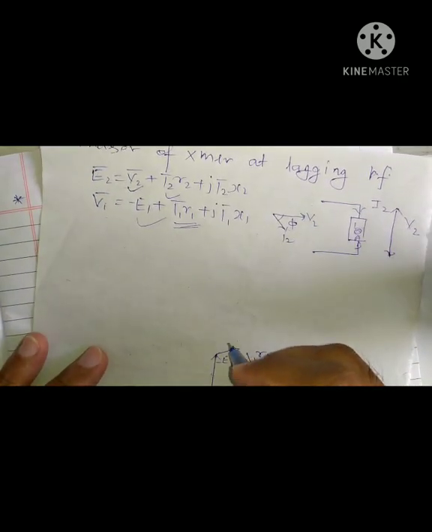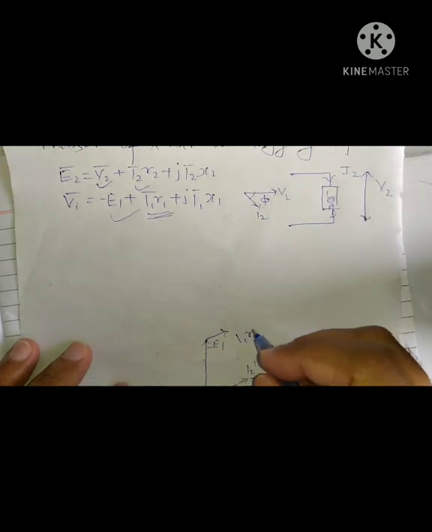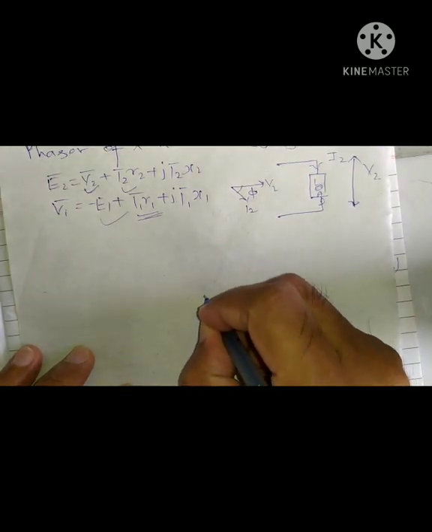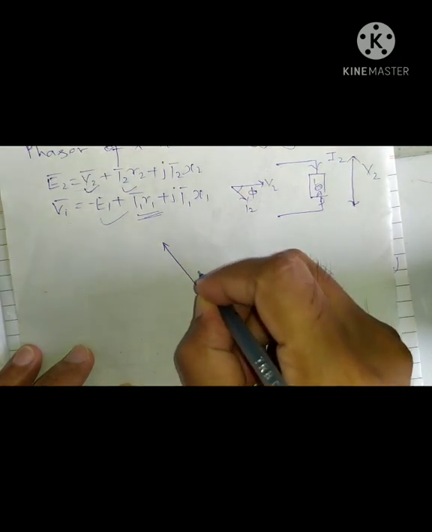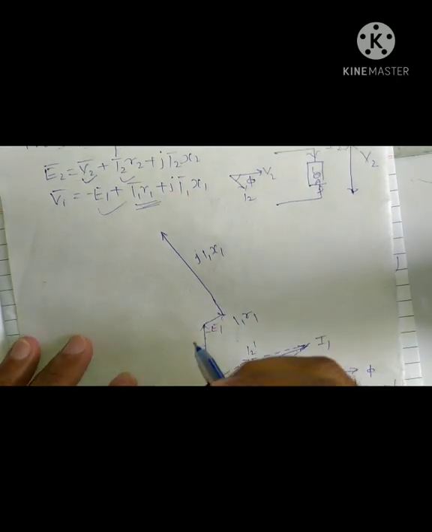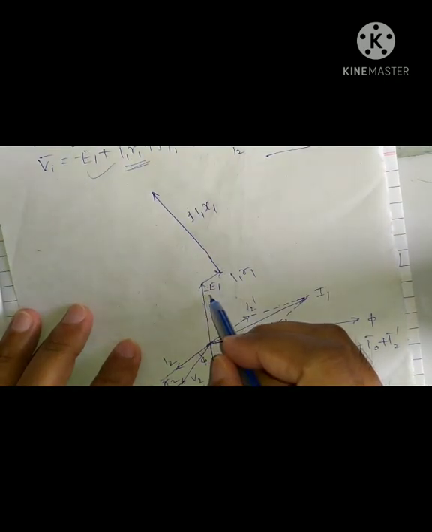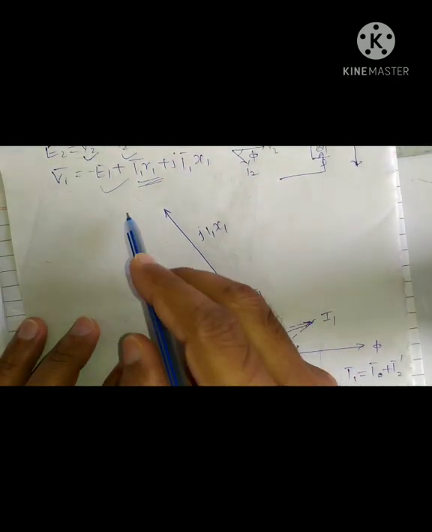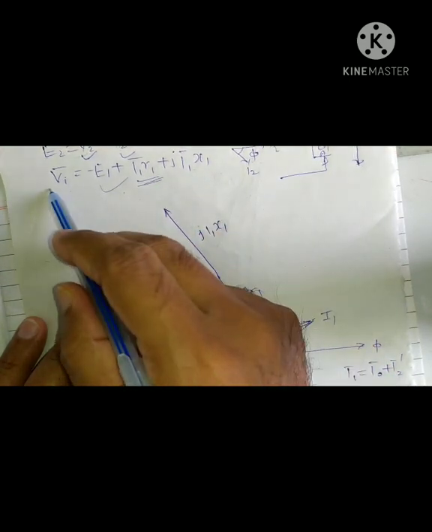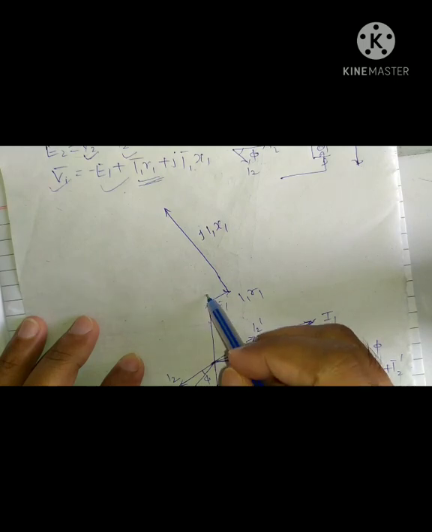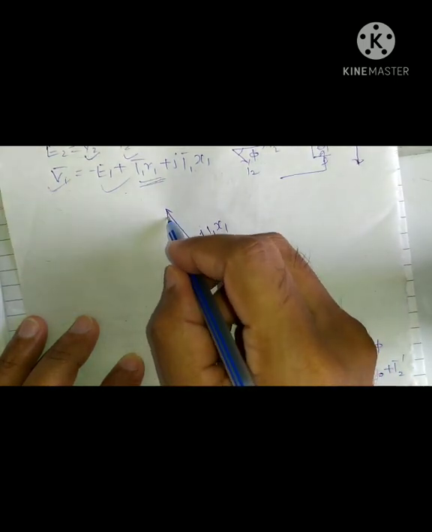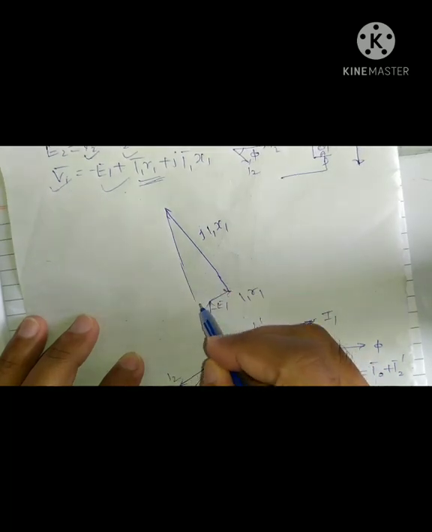Now from here I1X1 will lead I1R1. So J I1X1 will be drawn here. So minus E1 plus I1R1 plus J I1X1 is V1. So this will be V1.